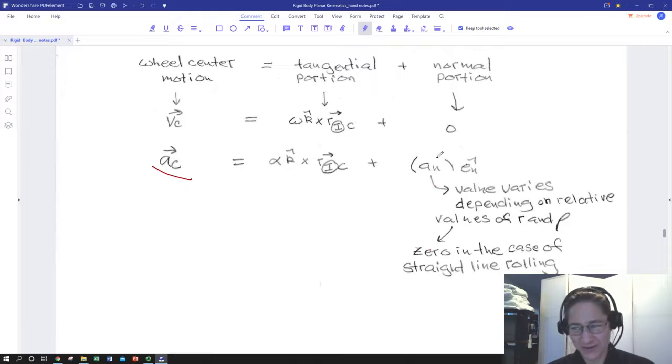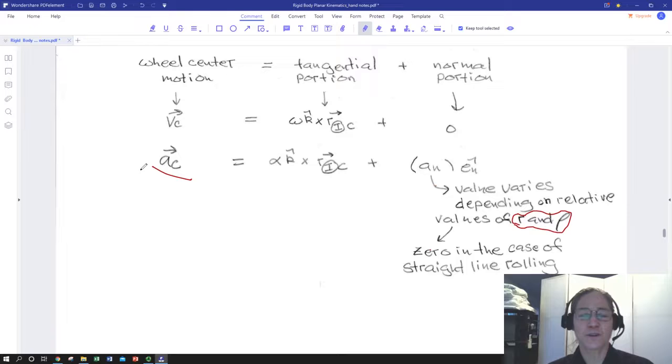No normal component if it's straight. Rectilinear motion. Center point will have both tangent and normal in the case of a curved surface, and what its value will be depends on the relative values of r and rho. So, velocity, no difference.